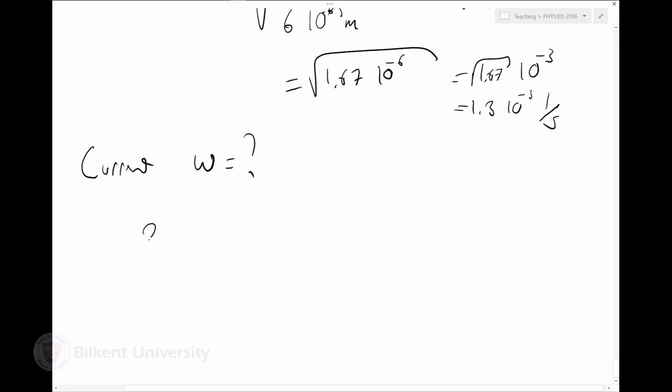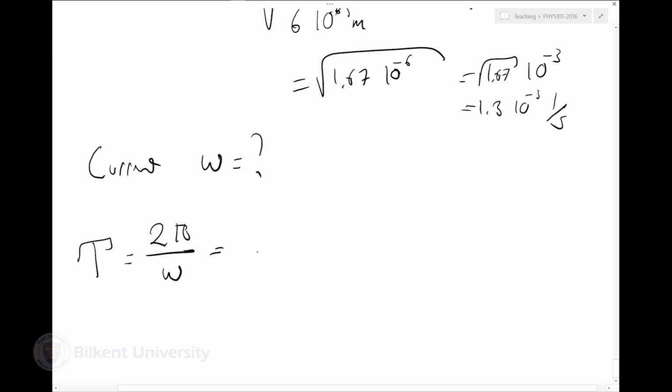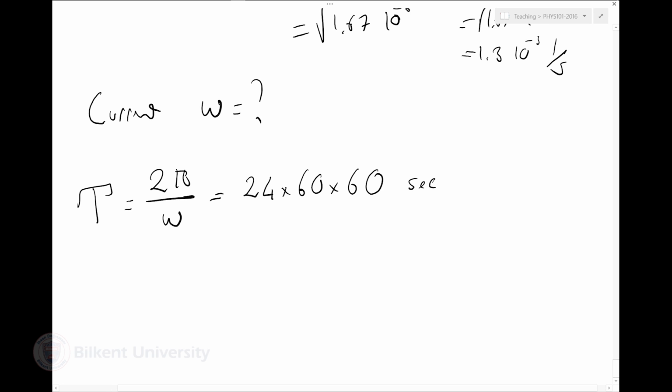What is the period of Earth's motion? 2 pi over omega. Earth rotates around itself in 1 day, right? So it should be 1 day. 1 day is 24 hours times 60 minutes times 60 seconds. So let's do that.